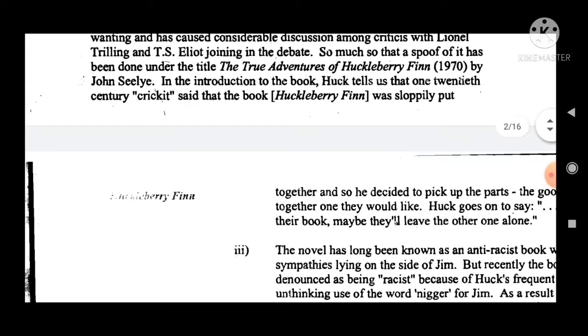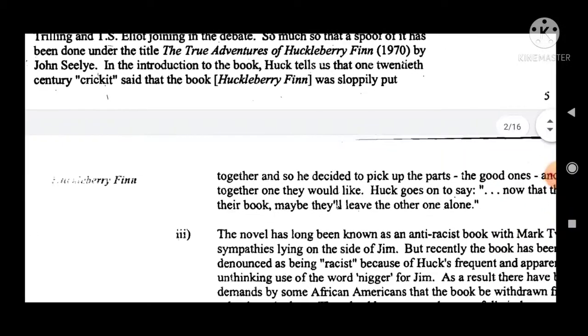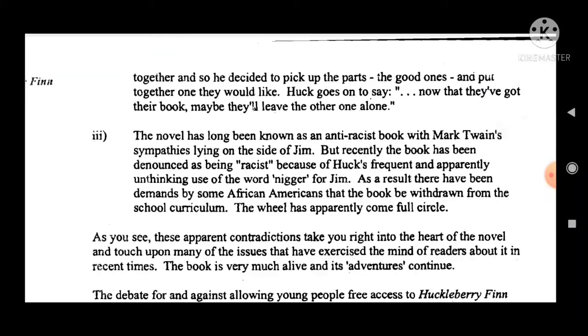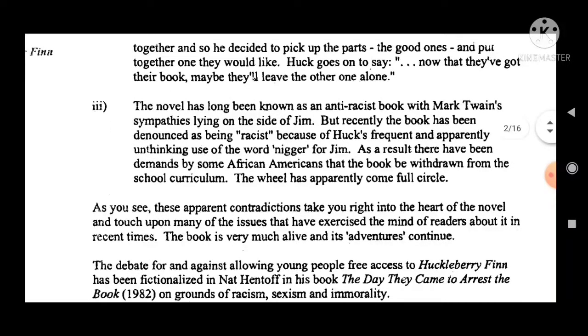In the introduction to the book, Huck tells us that one 20th century critic said that the book Huckleberry Finn was sloppily put together, and so he decided to pick up the parts, the good ones, and put together one they would like. Huck goes on to say, now that they have got their book, maybe they will leave the other one alone.